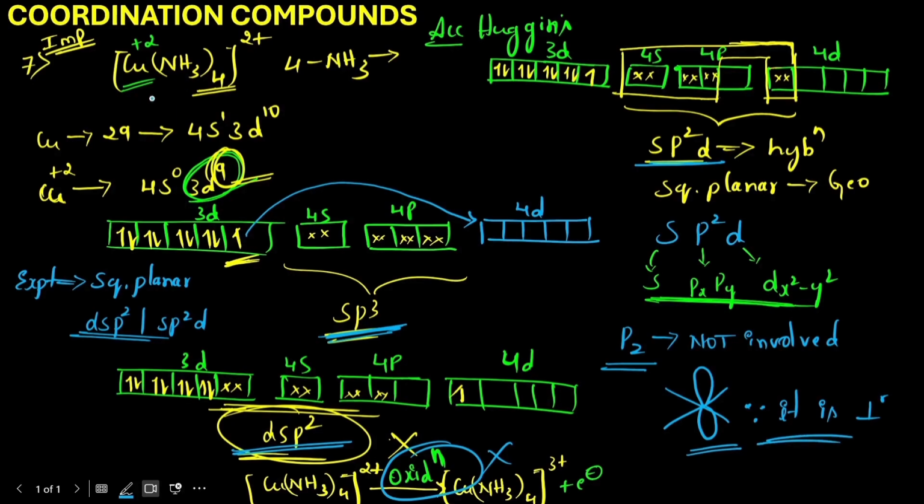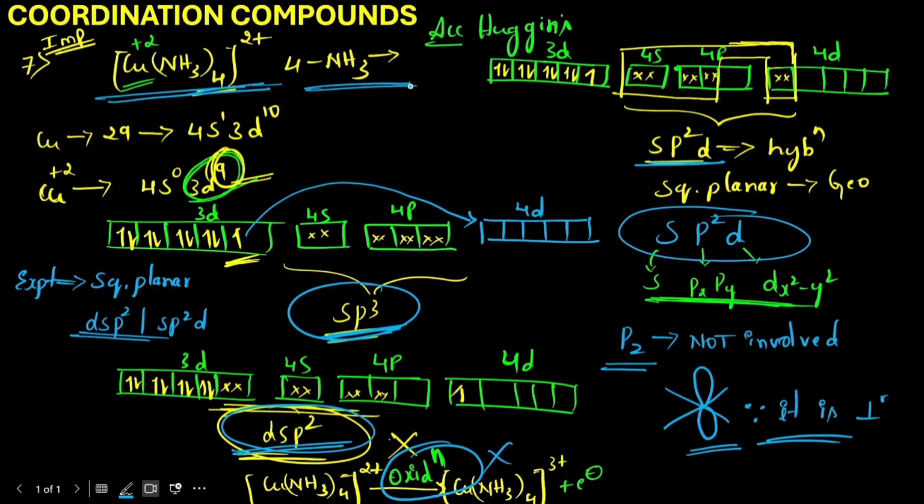Here the hybridization of [Cu(NH3)4]2+ is not sp3 hybridization and not dsp2 hybridization. The hybridization is sp2d, and the hybrid orbitals are s, px, py, and dx square minus y square. This is about [Cu(NH3)4]2+, which is very important.